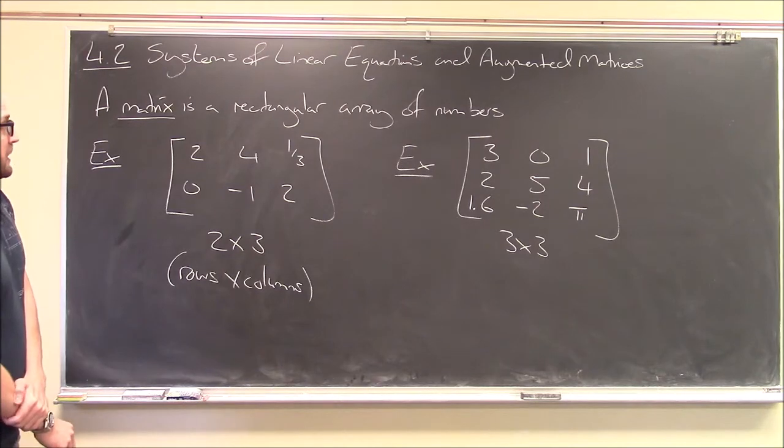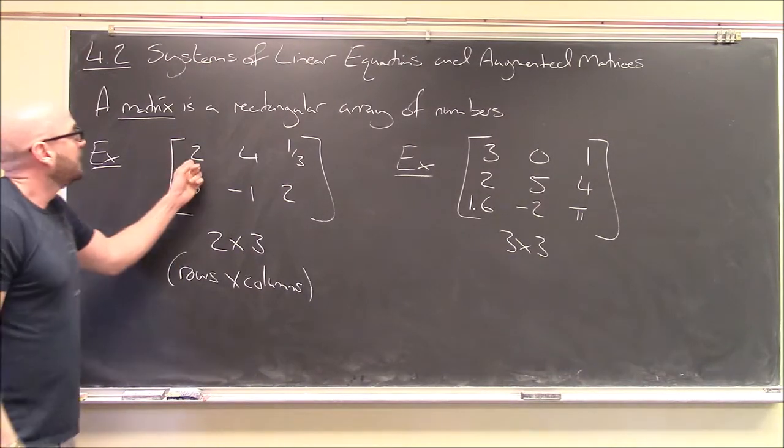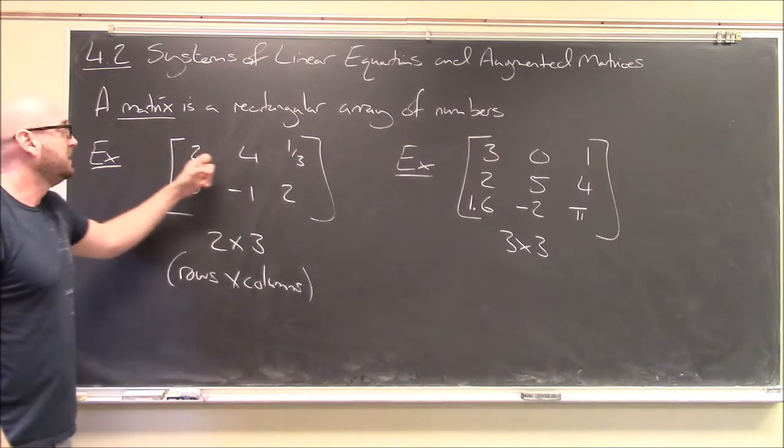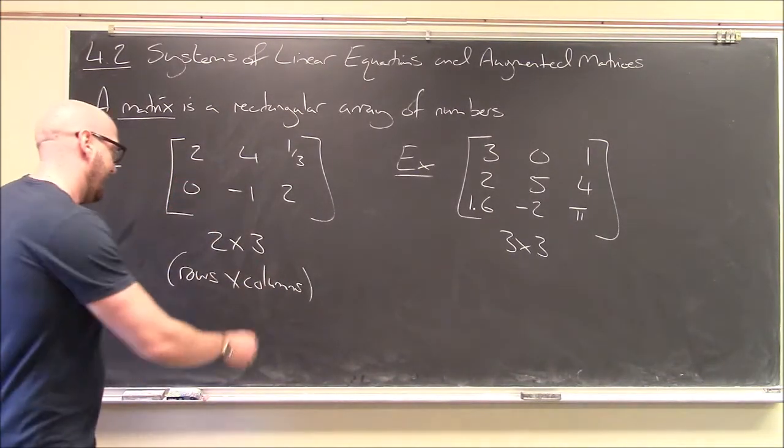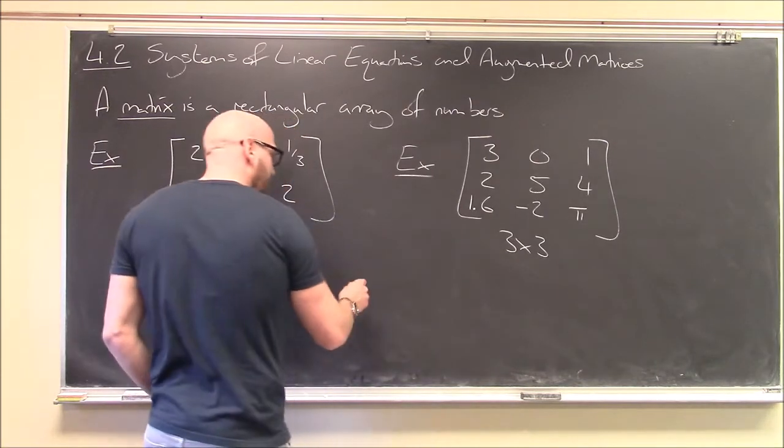The other interesting bit of information in a matrix is what the individual numbers are. These numbers are often called the entries or the elements of the matrix.